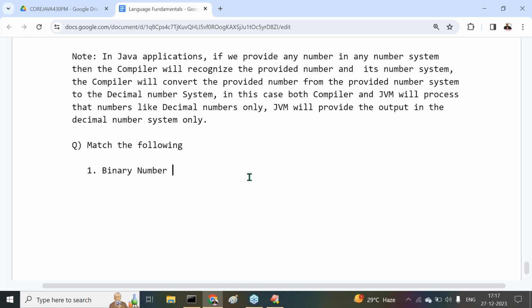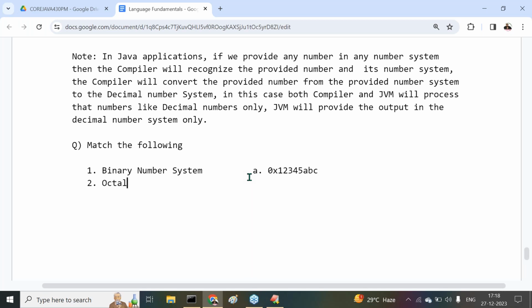Number one, binary number system, A: 0x12345ABC.